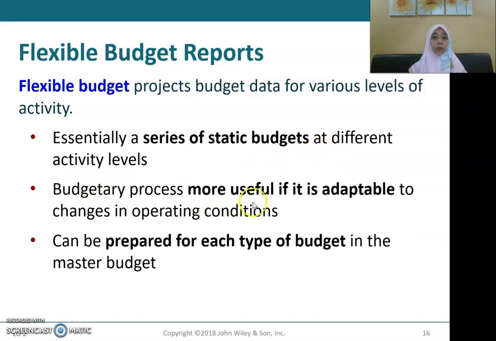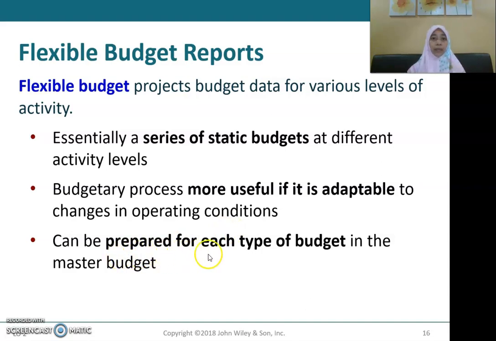The budgetary process is more useful if it is adaptable to changes in operating conditions. What does it mean? If you simply look at a single level of activity, it is less useful in terms of comparison, for example. But if you take into consideration the changes in the operating conditions, then the budgetary process will be more useful and more adaptable.